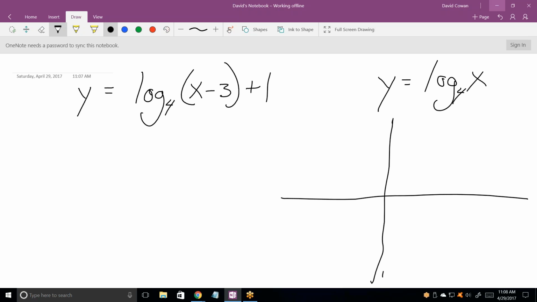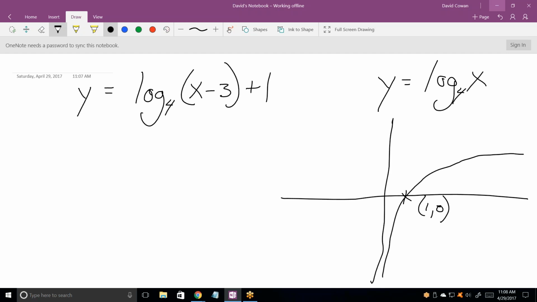Well, log functions are a bit like exponential functions. They all tend to look alike. Okay. I can't tell the difference between log base 4 of x and log base 14 of x. For one thing, they all go through that same point, which is 1, 0.